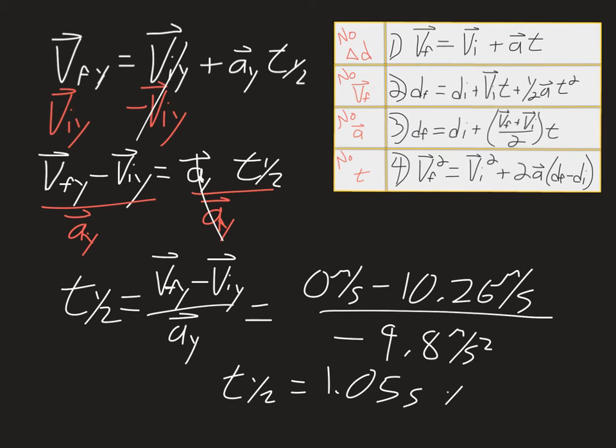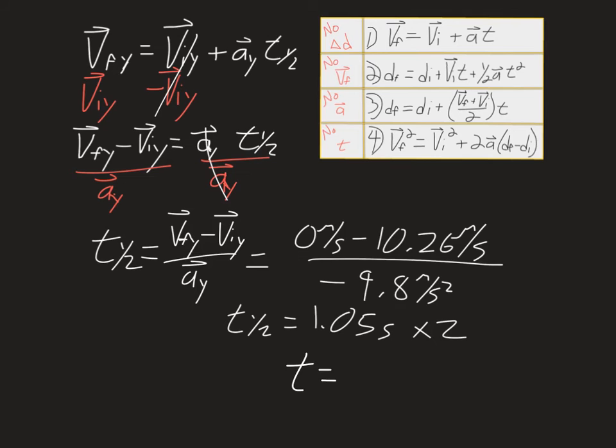And I'm going to instantly multiply it by 2 so I can get my full value. And I get that t is equal to roughly around 2.1 seconds. You might round slightly different, but it's okay. This is the actual value I want because I wanted t, not just t-half.